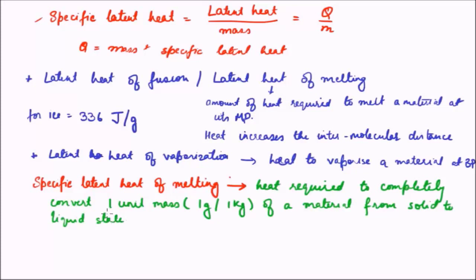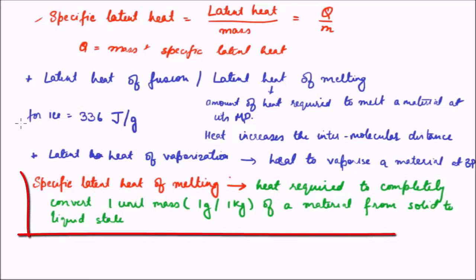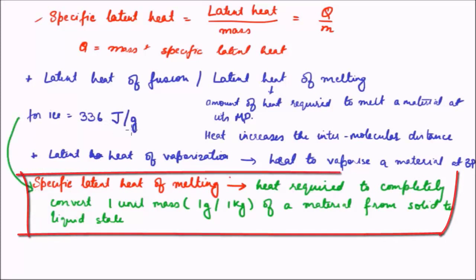Okay, so it is specific for a particular material. It is the latent heat of melting, so the amount of heat required. But since it is specific to a material, we have to define it per unit mass. So for ice, it is, as we have shown here, 336 joule per gram. Let us see the units.